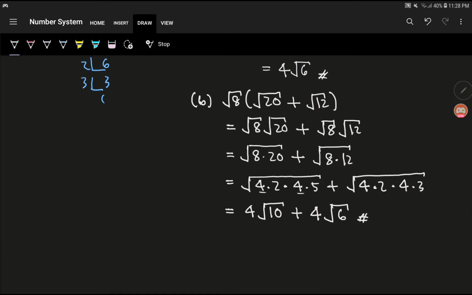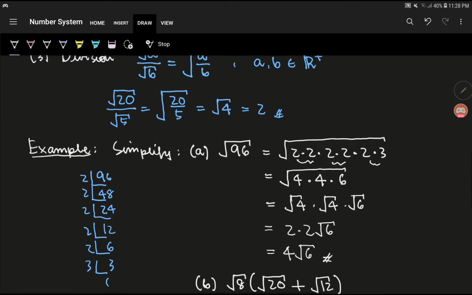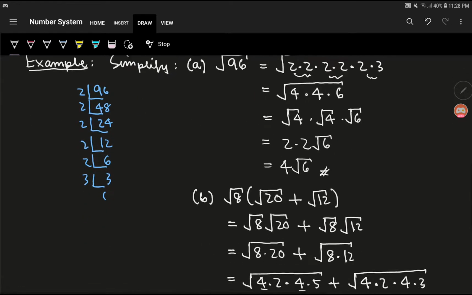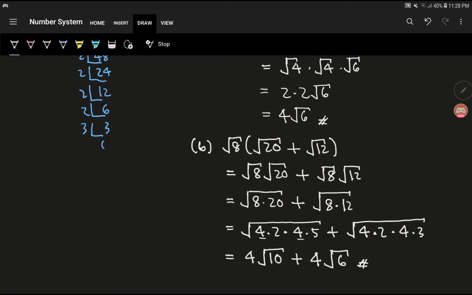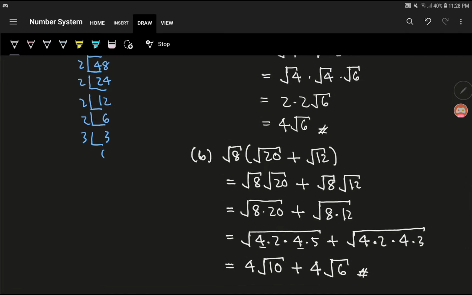Alright, so that's a few examples of surds. What is important is that surds are just rational indices, so anything related to index is also applicable to surds.